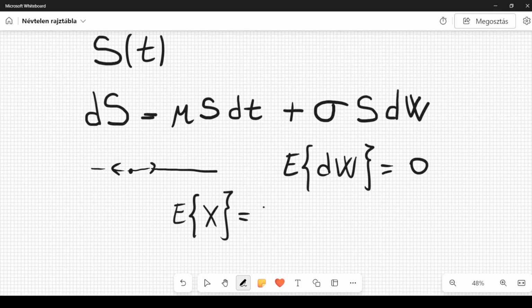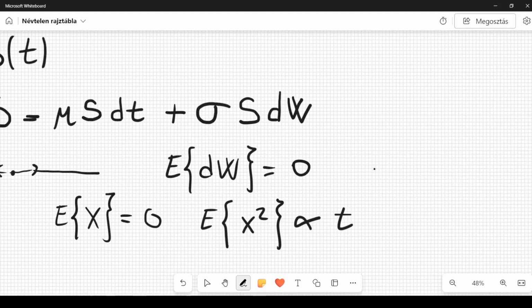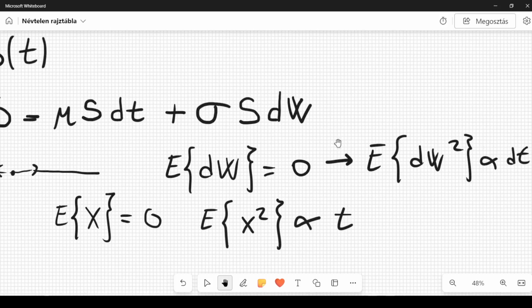So the expected displacement of the particle is 0, and then we have an expected value of x squared, which is proportional to the time variable t. So also in here we can say that the expected value of dW squared will be proportional to the small increment of time dt.